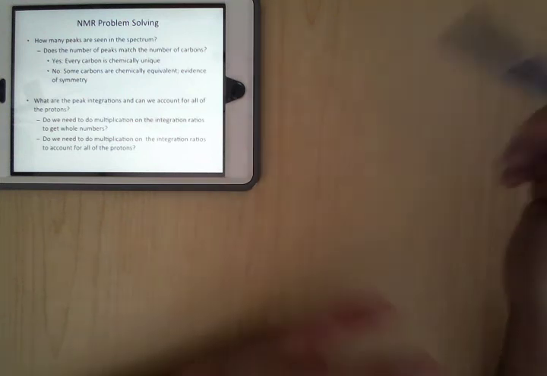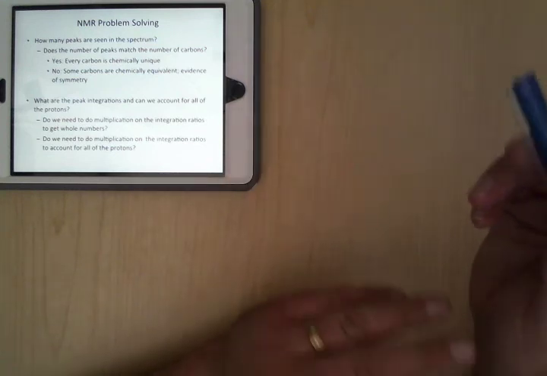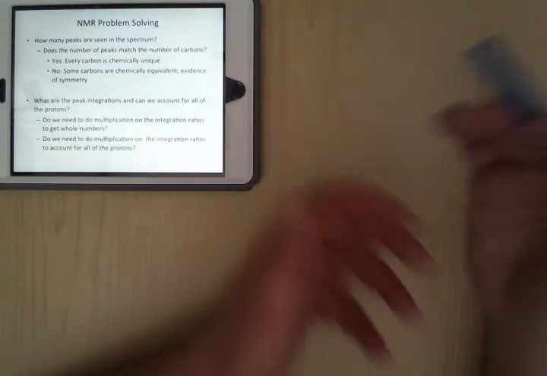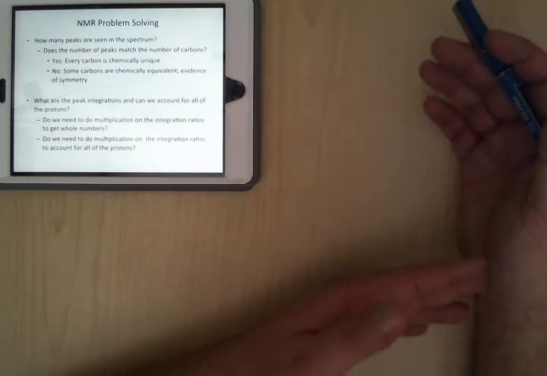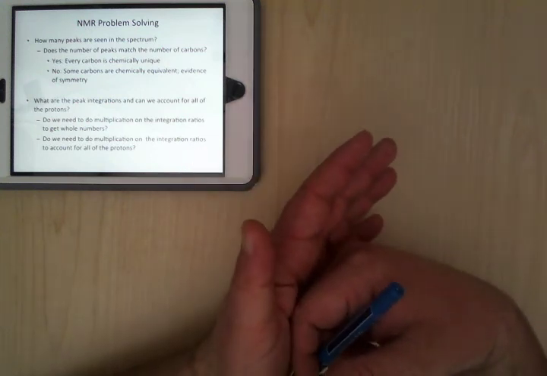There's probably some sort of symmetry to it. Or you have to be careful, there could be a C double bond O, something that doesn't have any hydrogens on it.